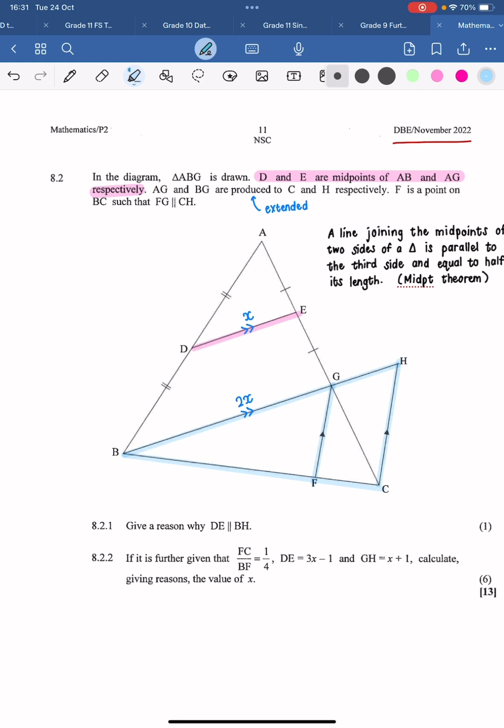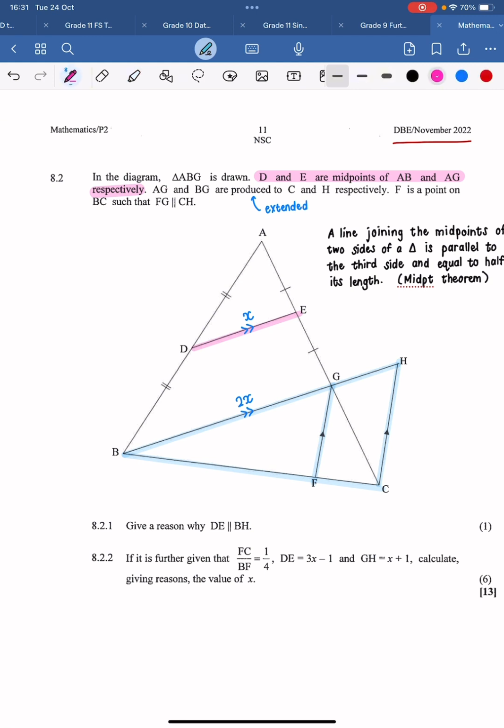If it is further given that, and now they're giving us ratios, and I know people start getting a bit antsy about this, FC over BF, where's FC? FC is over here, over BF is equal to 1 over 4.